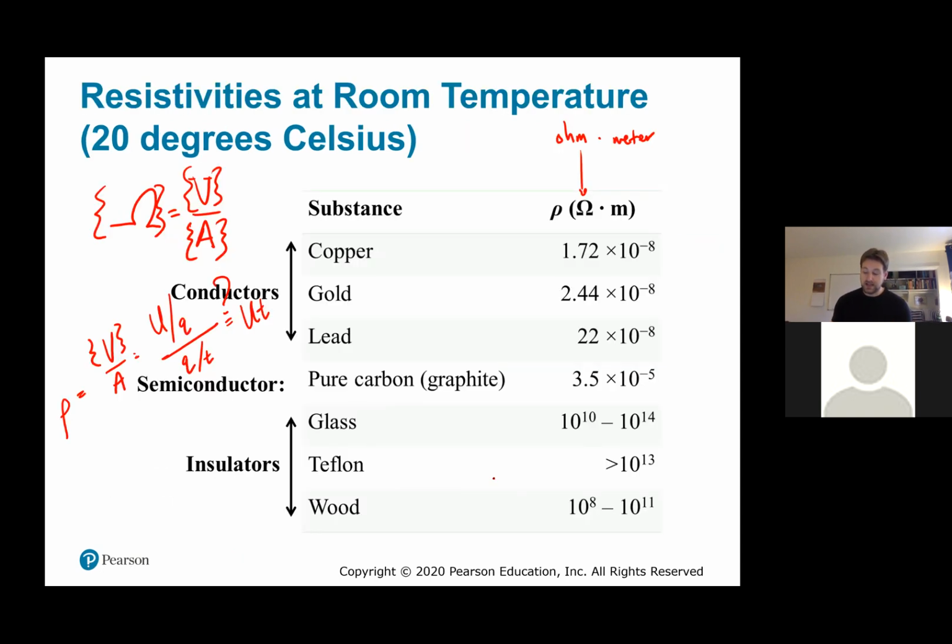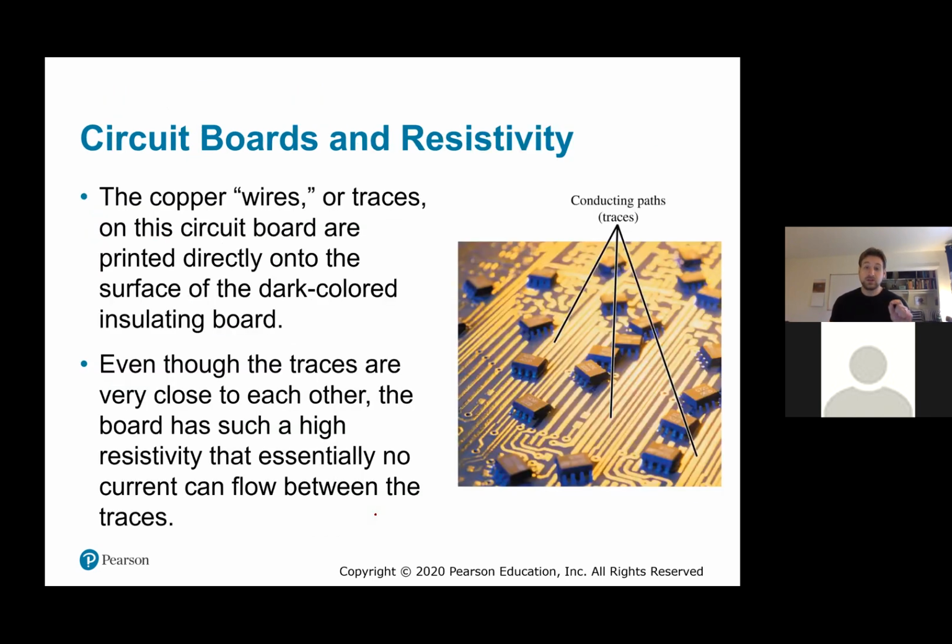Because of the really high difference between these resistivities, to the -8 and to the +11, that permits the structure of circuit boards that we're familiar with. We can put these conductive traces so close together on the substrate, the insulating board, because the resistivity of the insulating board is so high compared to the conducting traces that no current is going to flow anywhere we don't want it.